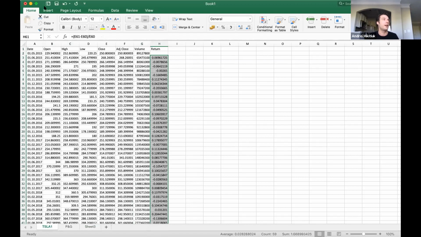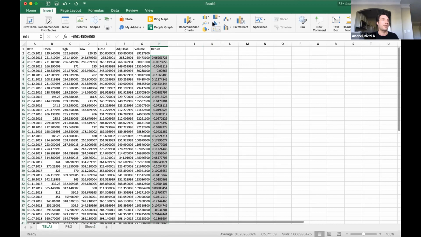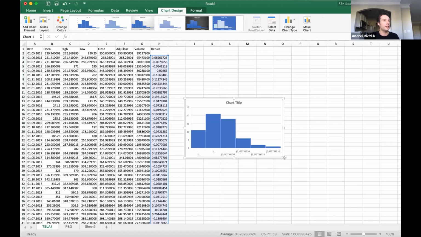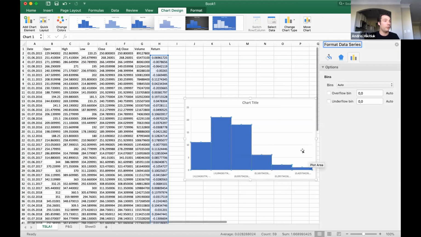This is a very fair question. Is it something that actually resembles a normal distribution? So let's look at that. And that's what we see. It's not entirely normal.